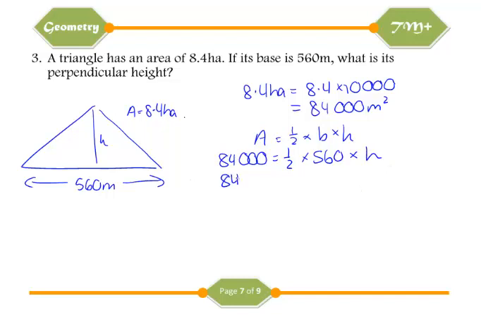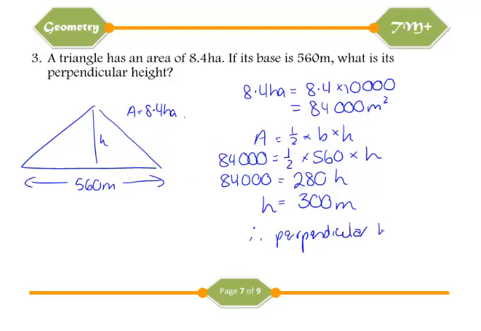So 84,000, half of 560 is 280 h. Divide both sides by 280 and you get that h equals 300 meters. So therefore, perpendicular height is 300 meters.